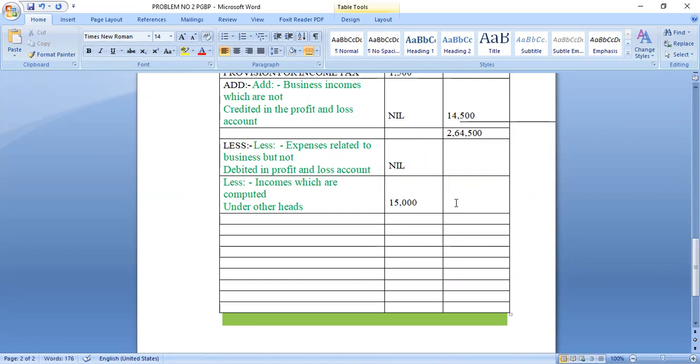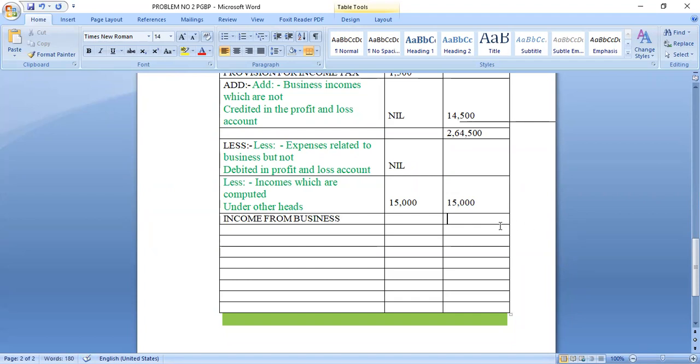Okay, so the total of the inner column less the value 15,000. Out of 2,64,500 reduce 15,000. So that is called the income from business.